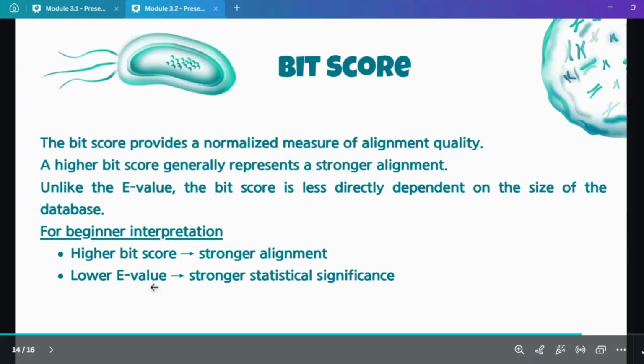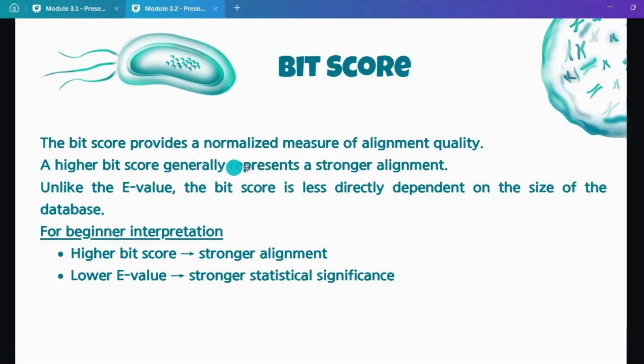Now bit score. Here we can't see the bit score, but some tools may show it. The bit score provides a normalized measure of alignment quality. A higher bit score generally represents a stronger alignment. Unlike the e-value, the bit score depends less directly on the size of the database.